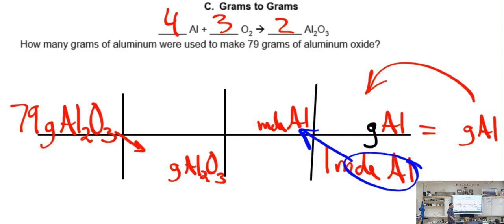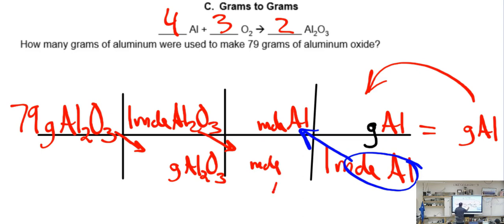Good. 1 mole of the same thing. So 1 mole of Al2O3. If I know this unit, what do I know? I know the bottom of the next: mole Al2O3. And now the picket fence is completely filled in. I can start at the start, I can start at the end, and I can always meet in the middle.